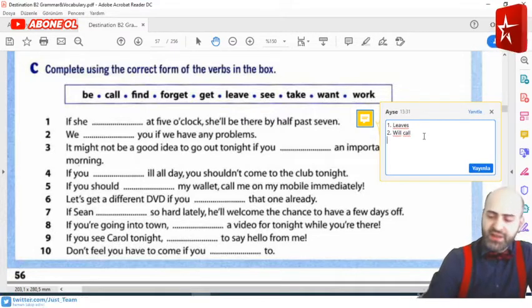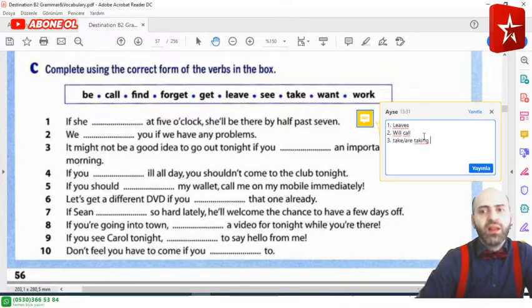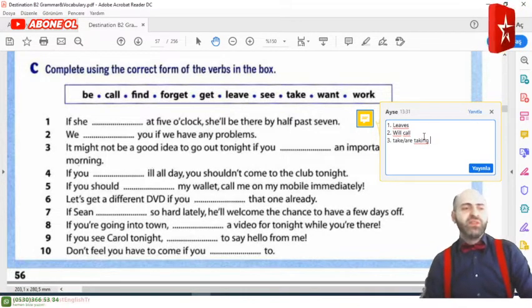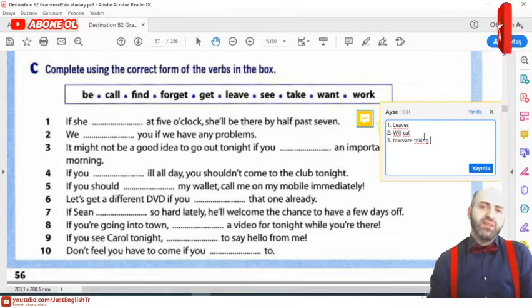Here the correct answer is, guys, take. If you take, or also we can use it in continuous form and say if you are taking, but this is a little bit more difficult topic, so if you write only take, it's also okay.